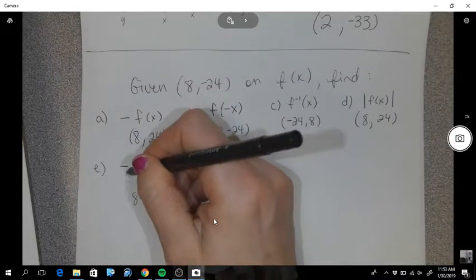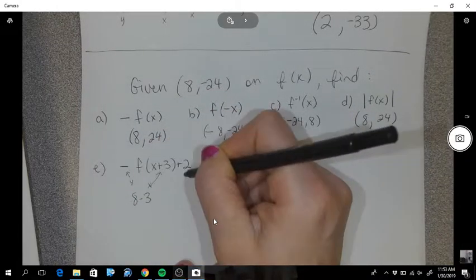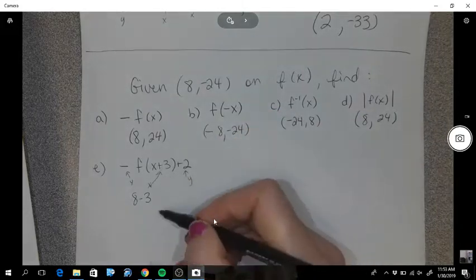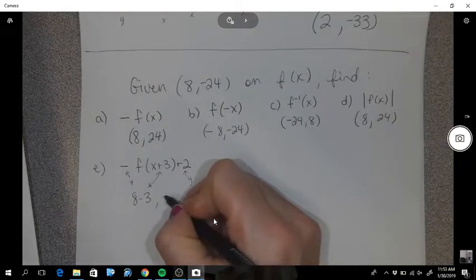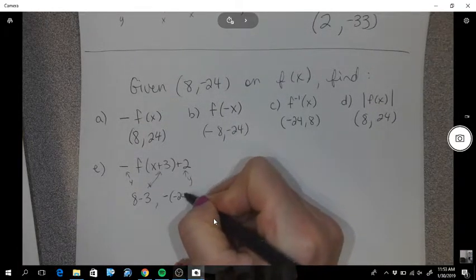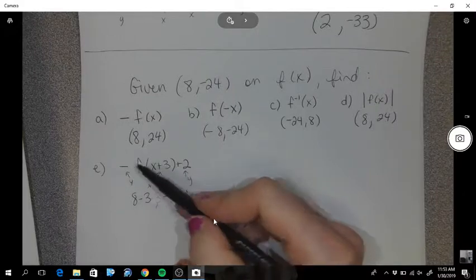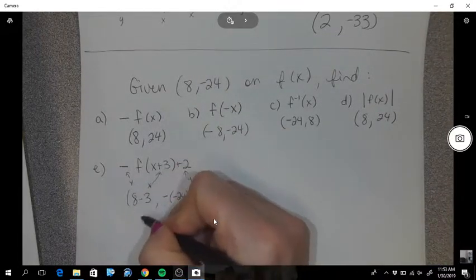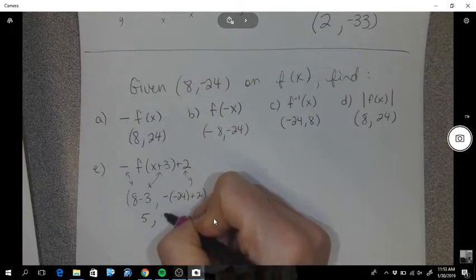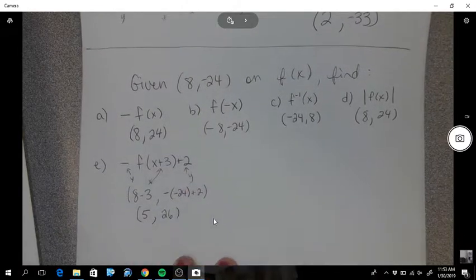And so the negative and the plus 2 affect our y's. So our y value gets negated, or times it by negative, and then we would go up 2. So this is (5, 26).